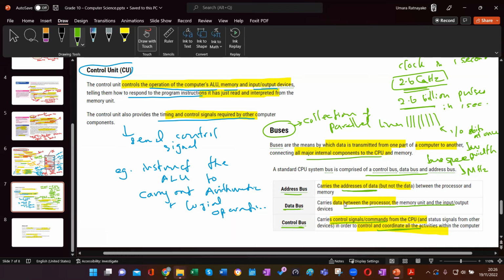So addresses, data, and control signals are sent through different buses, different channels, parallel lines. Addresses using the address bus, data using the data bus, control signals in the control bus. Is that clear?